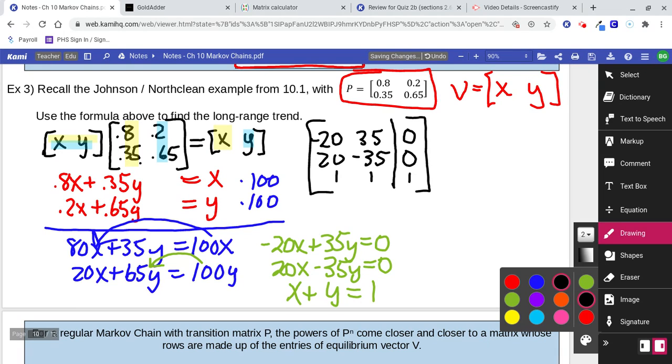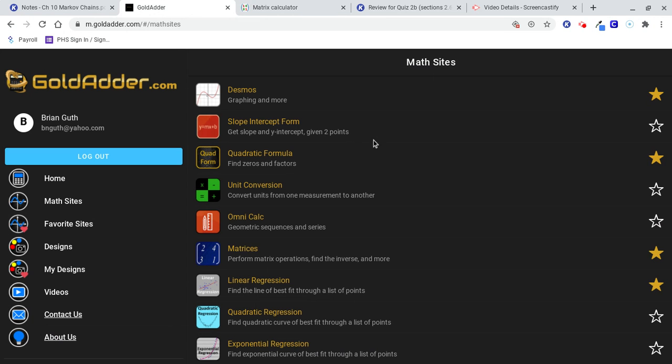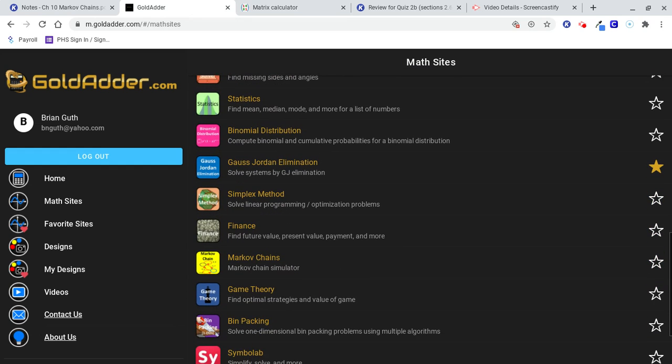Okay? So it's a little bit weird to have a 3 by 3, but we're going to do the Gauss-Jordan process on this. Okay? We can do that. I don't want to do it by hand, though. So remember what we can do. Let's go to the site that's going to help us do Gauss-Jordan.